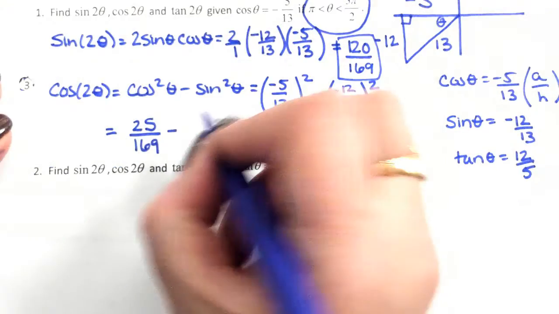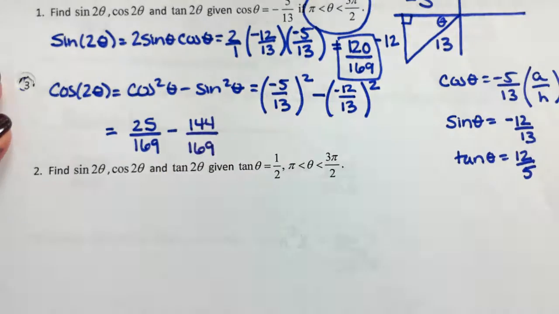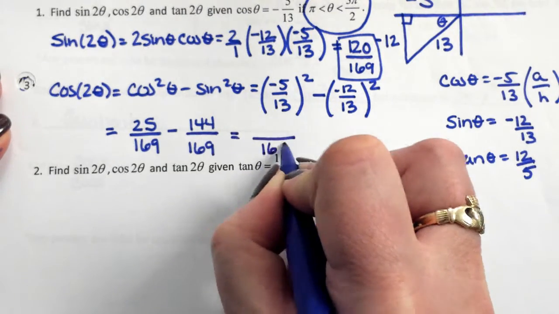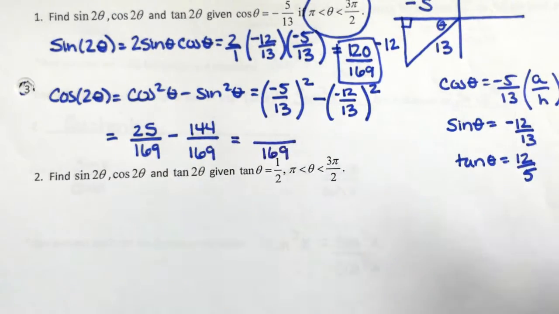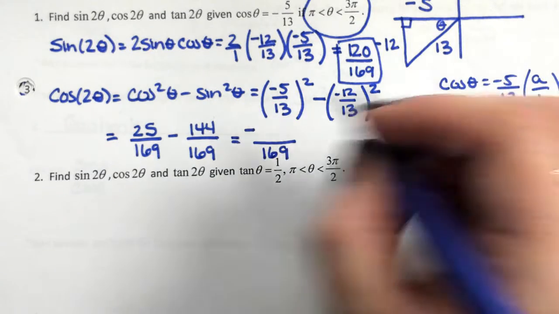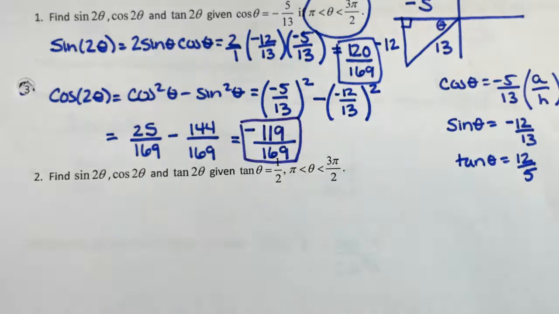Square your negative 12, that's going to be 144 over 169. The denominators are already the same, so go ahead and subtract the numerators. 25 minus 144 is going to give me negative 119 over 169. Okay? So any questions on how the cosine double angle formula works?